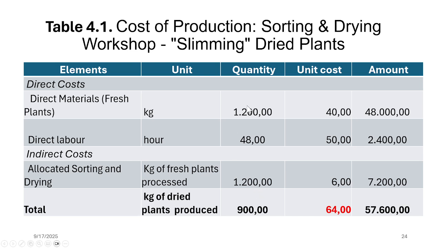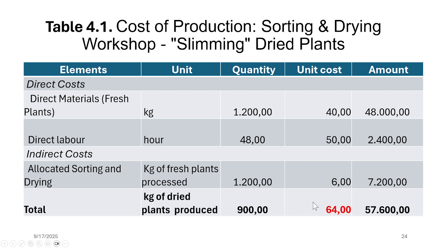Here you can see that the quantity for the first column is the dry material, the direct labor is the hour, and the allocated sorting and drying is the kilogram of fresh processed. But our final product of the sorting and drying workshop should be kilograms of dried plants produced. We already calculated the 900 before.